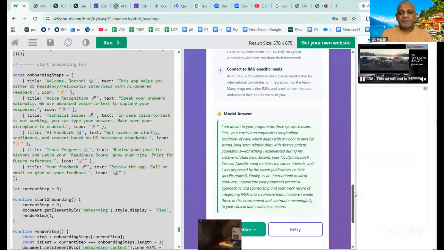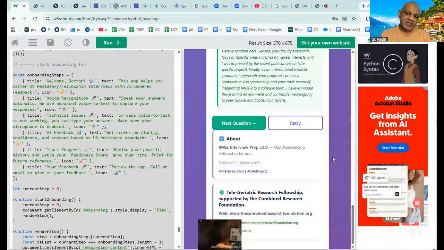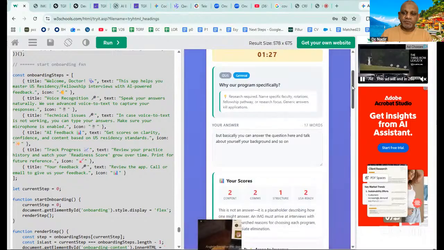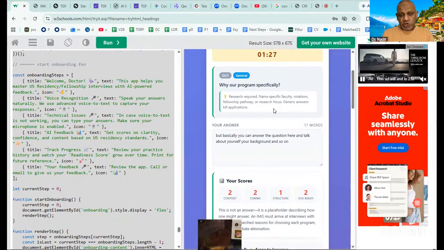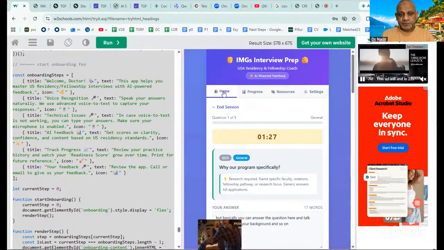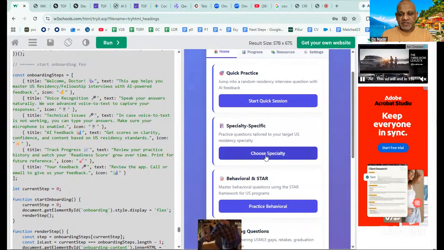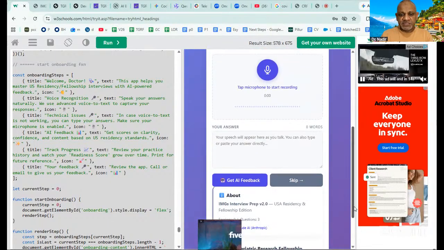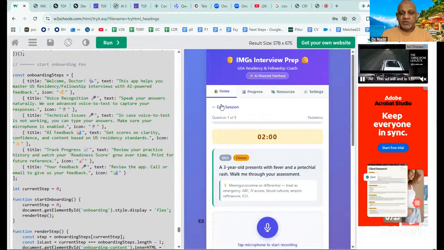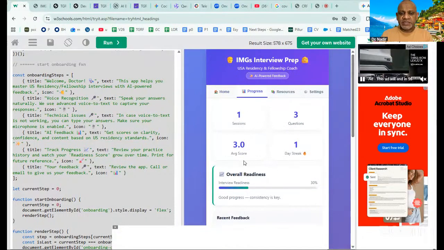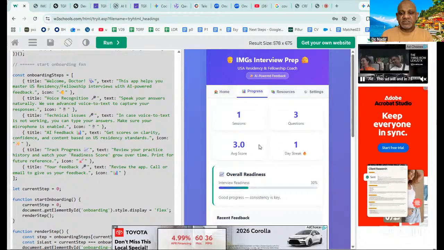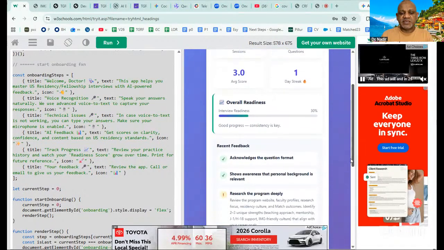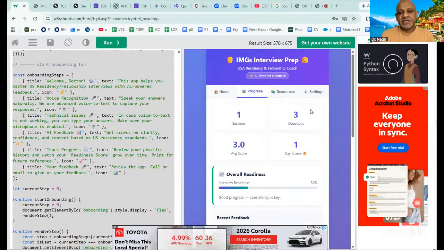So basically, this is the second version, which is to help the candidate prepare for common questions. And these questions can be divided by specialty, like internal medicine, family medicine, and so on. And you can go along. And you can get the report about how many questions you have and the score you got for these questions, and you can repeat the same practice or questions again.